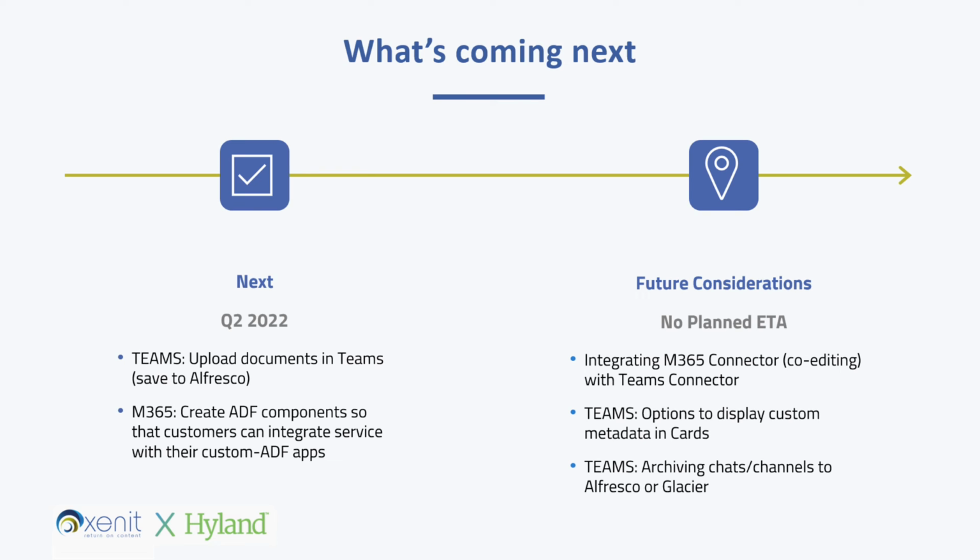The first one for Teams will be to give you the ability to, instead of just searching documents from Alfresco, upload documents into Alfresco directly from Teams. You will also have the ability later on, with specific ADF components, to leverage the integration between Microsoft 365 and Alfresco through custom ADF-built applications.